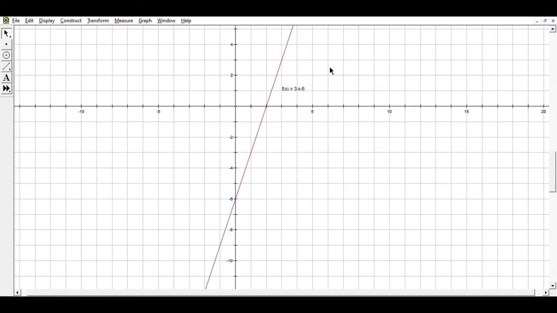Now let's have the graph of the quadratic function g of x is equal to x squared plus 5x plus 6. So here it is. So notice the big difference of the two graphs.